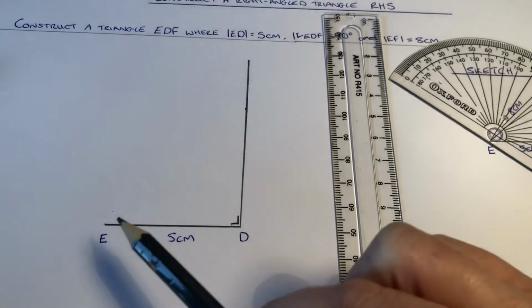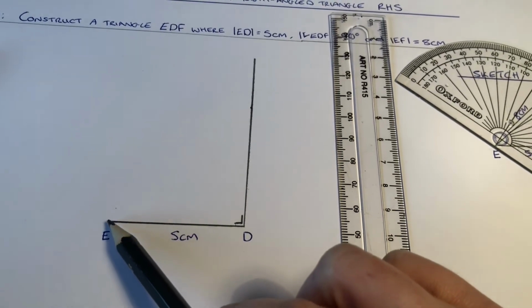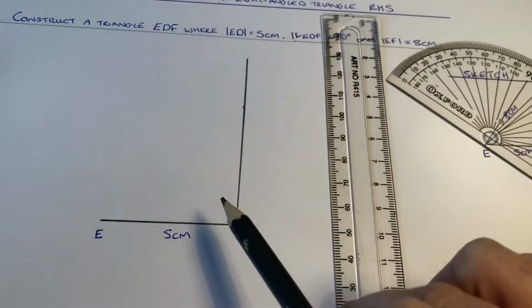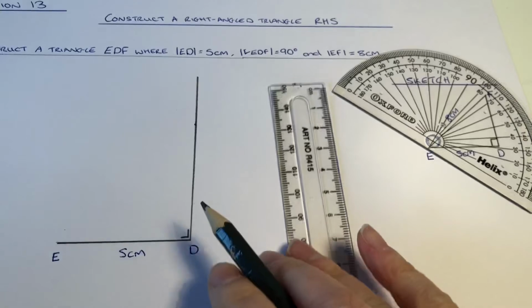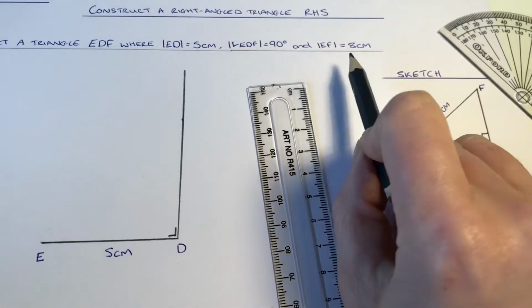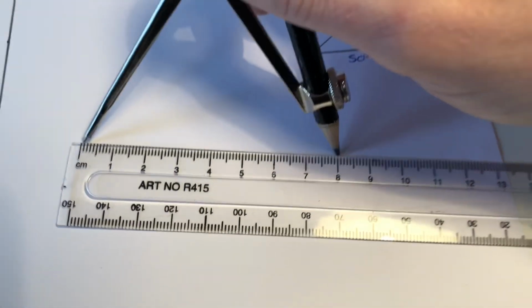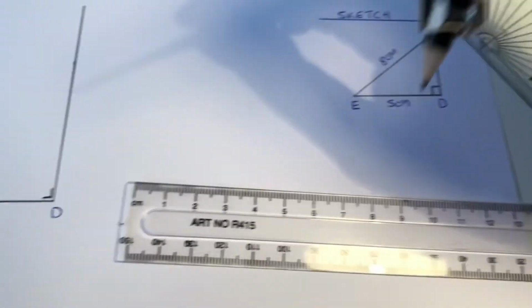So the last thing that we need to do is create the line segment from E to F. So F will lie somewhere along here. And we do that by using our compass and opening it up to the measurement which we need. And our hypotenuse is 8 centimeters. So there we can see there's exactly 8 centimeters from the tip of the needle point and the pencil point.